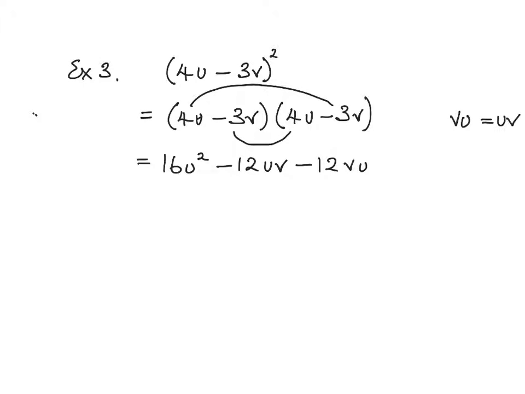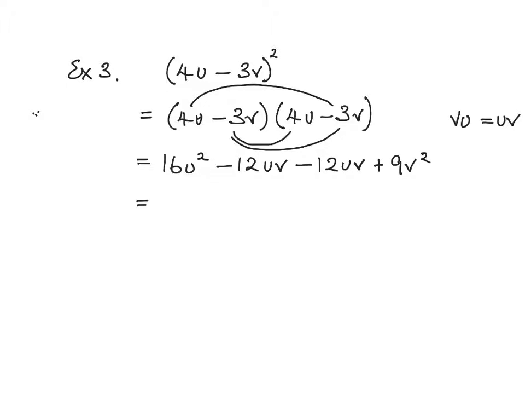So I'm going to rub that out and write it as uv. And then the last term is minus 3v times minus 3v. Minus times a minus is a plus. 3 times 3 is 9. v times v is v squared.